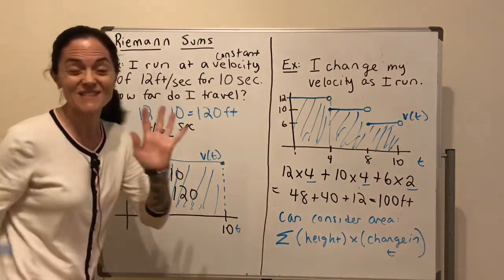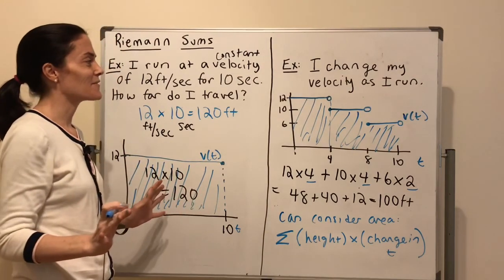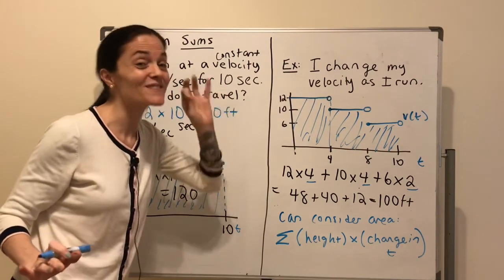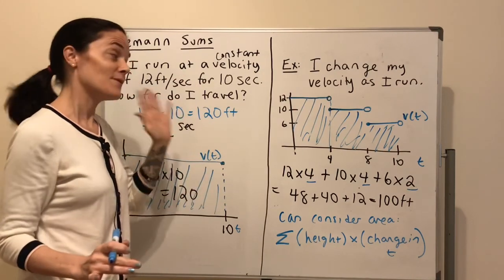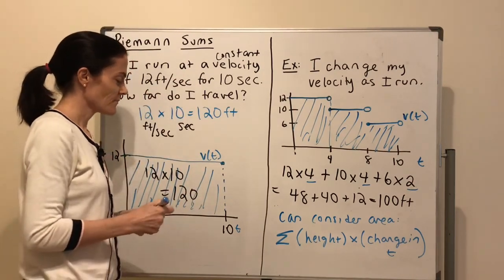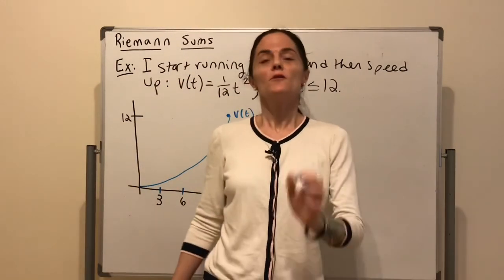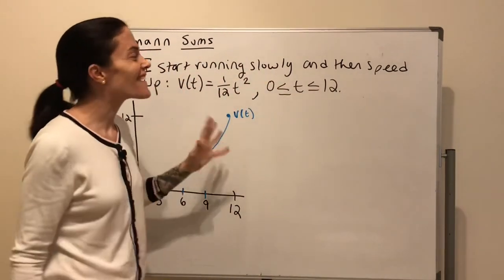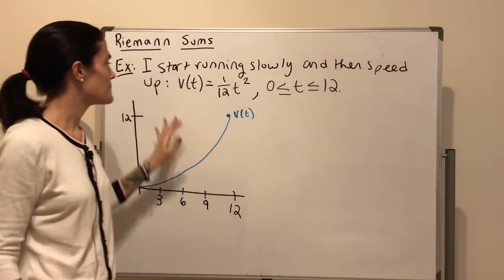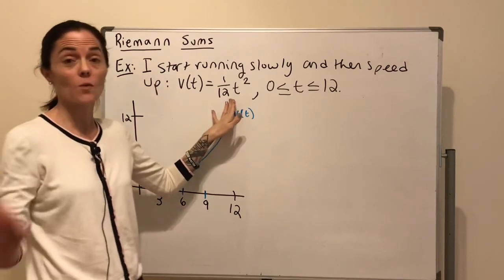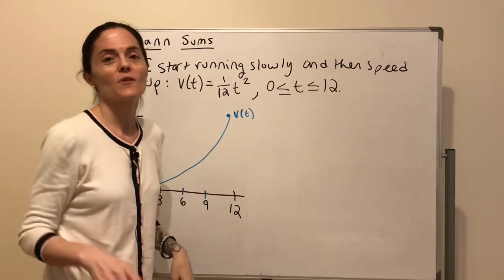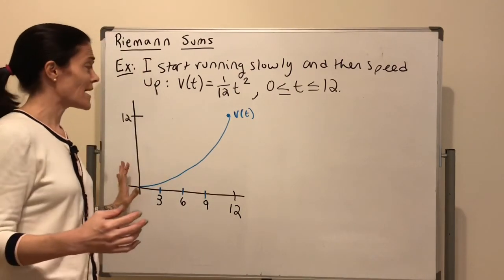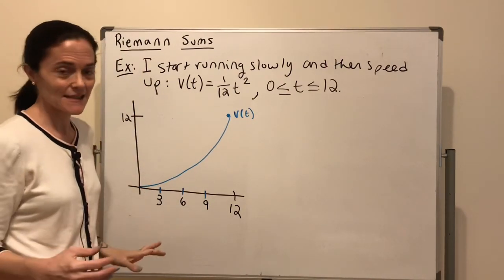Okay, now let's do one more example before I define Riemann sums. I will still do running, but I'm going to change my velocity even more. Now I will start slowly when I run and then speed up. My velocity has the function 1 over 12 t squared for t between 0 and 12. And so a graph looks something like this.